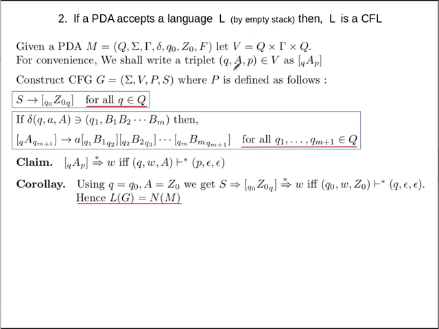It will be clear as we go through the proof why we need this triplet. But yeah, this V is a triplet. The first component is a state, the middle component is a stack symbol, and the last component is again a state. Now this triplet, just for our convenience, we will write like this. Inside this bracket we will write this as subscript, but this is just this triplet. Okay.